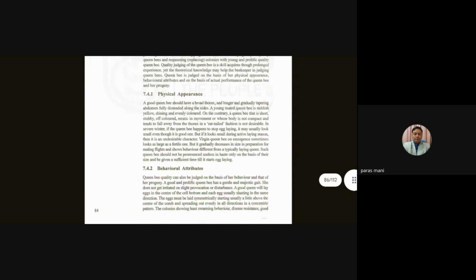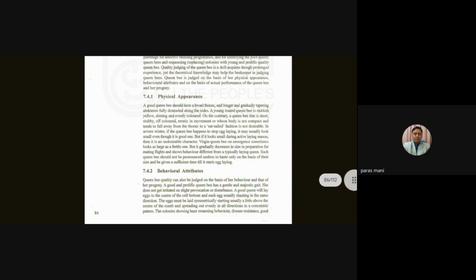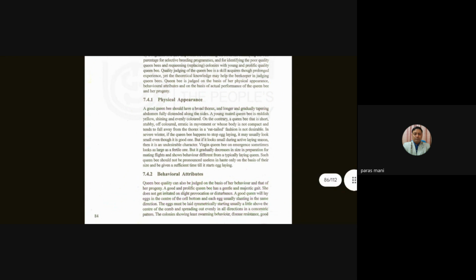Usually if the young ones are not fed with very good quality food, especially royal jelly, the queens will sometimes be of inferior quality. In such conditions, it will be an intermediate kind, between worker and queen, where the abdomen will be a little shorter and the gradual tapering will not be there.